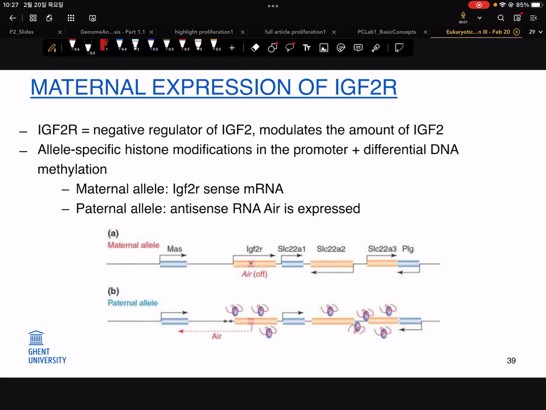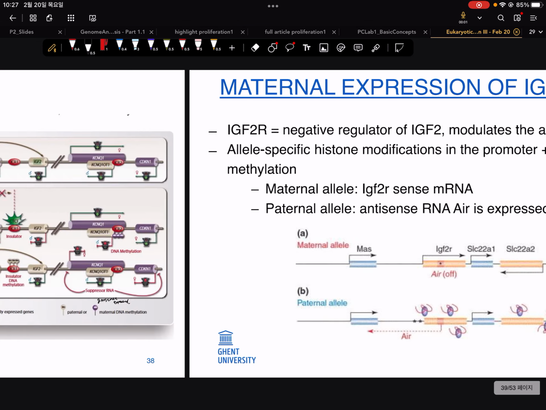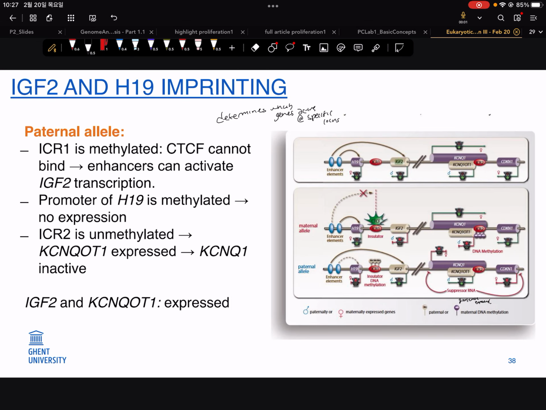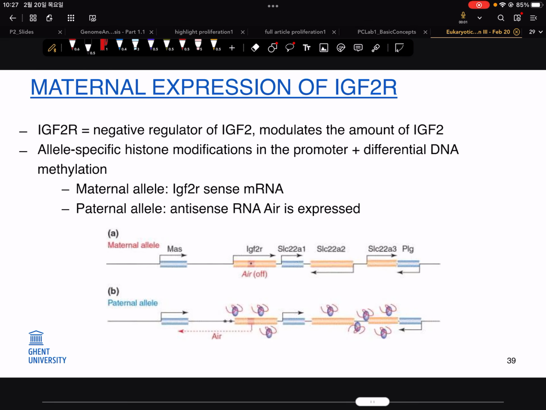Now I'm going to make it even more complicated. IGF2 and H19 are on this locus here on the chromosome, but there is also IGF2R. What is that then? IGF2R is the negative regulator of IGF2, and it modulates how much IGF2 is present in the cell. And that is at another locus in the genome, at this location here.